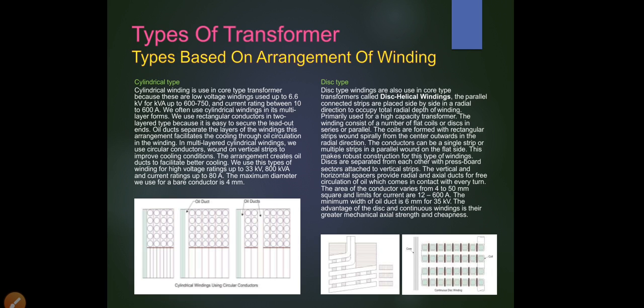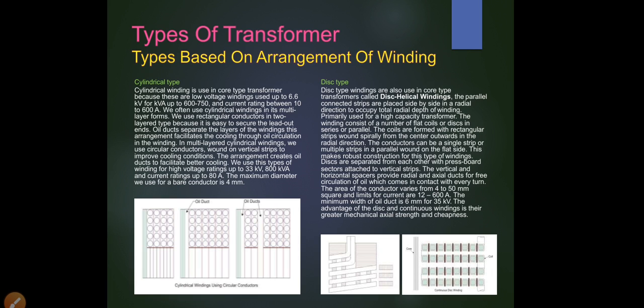We often use cylindrical windings in multi-layer form. We use rectangular conductors in two-layered type because it is easy to secure the lead out ends, and oil ducts separate the layers of the windings. This arrangement facilitates cooling through oil circulation in the windings. This is the best advantage of cylindrical windings.